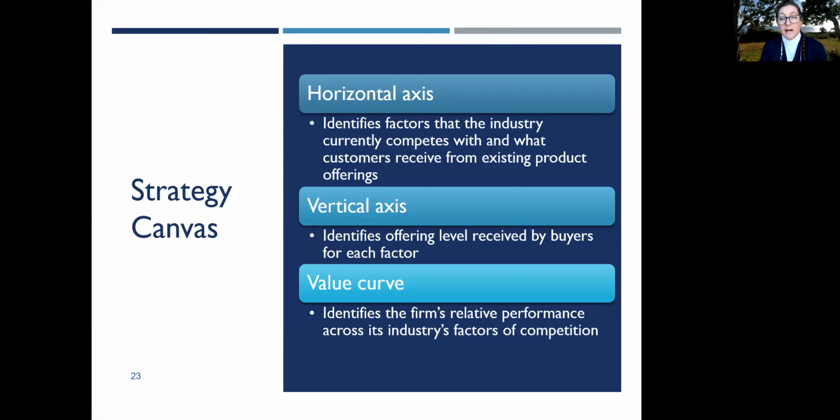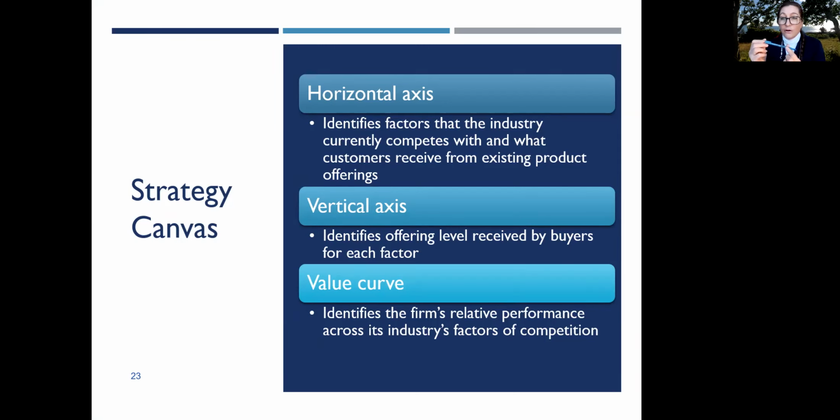All right. Now, I mentioned that a strategic canvas is a tool that can help you in this regard, right? So a strategic canvas is basically a graph, okay? So on the horizontal axis, we're going to have various attributes, right? What's an attribute? Let me show you my pen, right? My blue pen here. An attribute of this product is that it's blue ink.